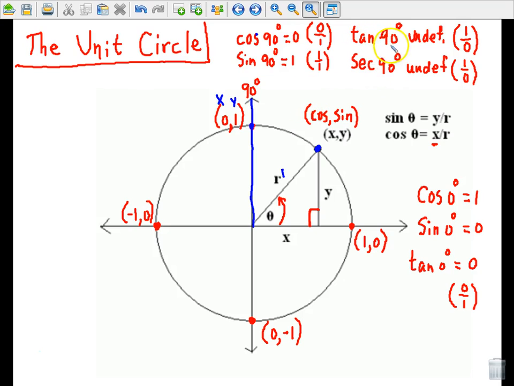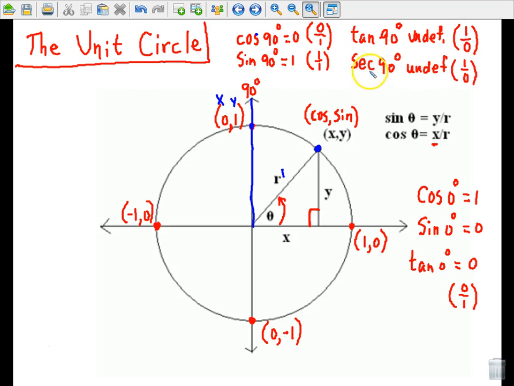Notice tangent 90 degrees. Tangent is opposite over adjacent, so at this point we're doing y divided by x. Y is 1 and x is 0. We know from past studies that we can't divide by 0, so tangent 90 degrees is undefined.